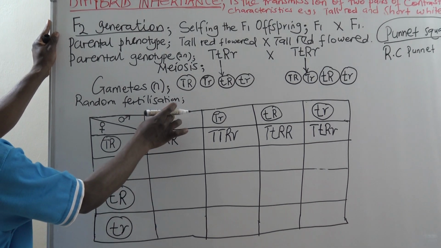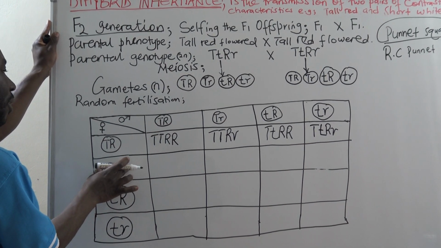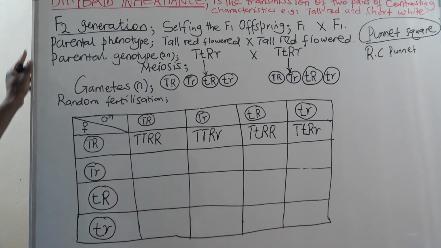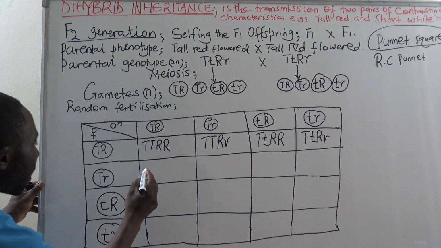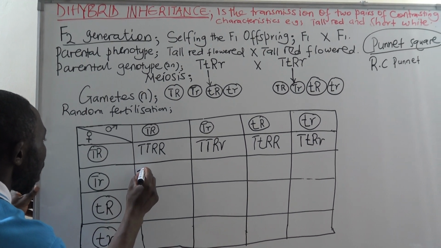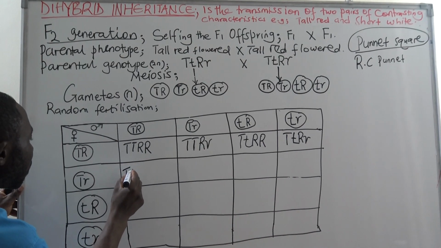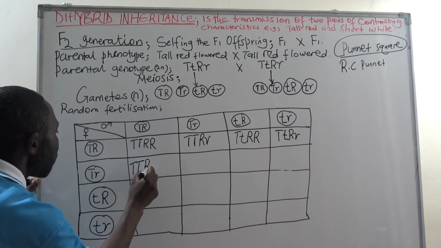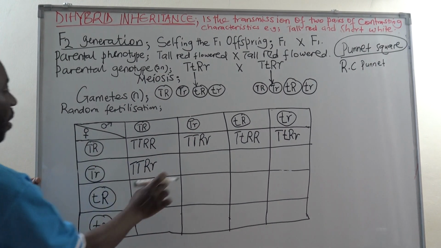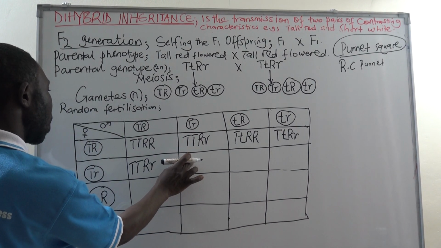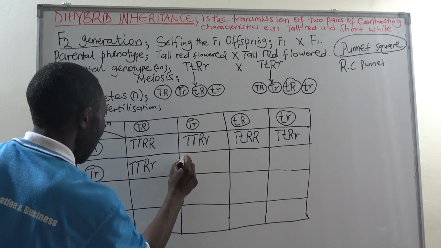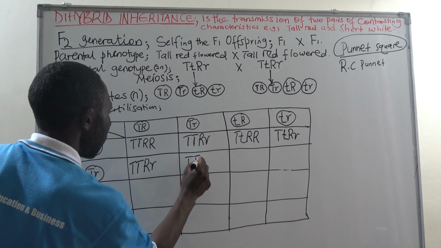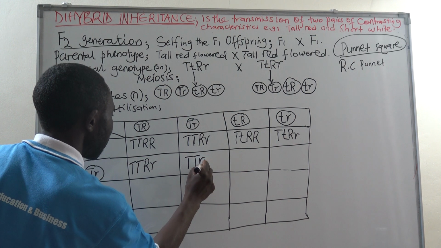When this gamete fuses with this one here, we shall form capital T, then capital R, small r. This one will give us capital T, small r, capital T, small r.